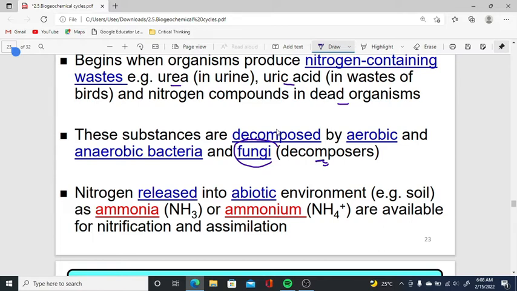So decomposer, it will release the nitrogen element back into the environment in the form of ammonia or ammonium. Sebab dua-dua ni boleh digunakan oleh pokok dan juga boleh digunakan oleh proses nitrification. Yang kita nak convert, so nitrification kita nak convertkan ammonia ataupun ammonium kepada nitrate ion.